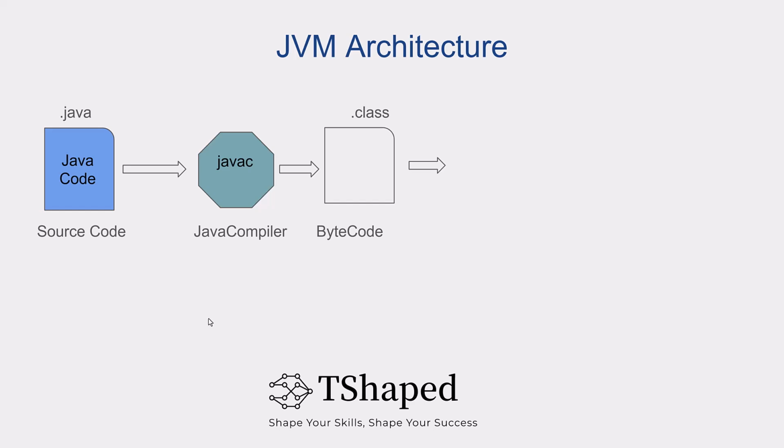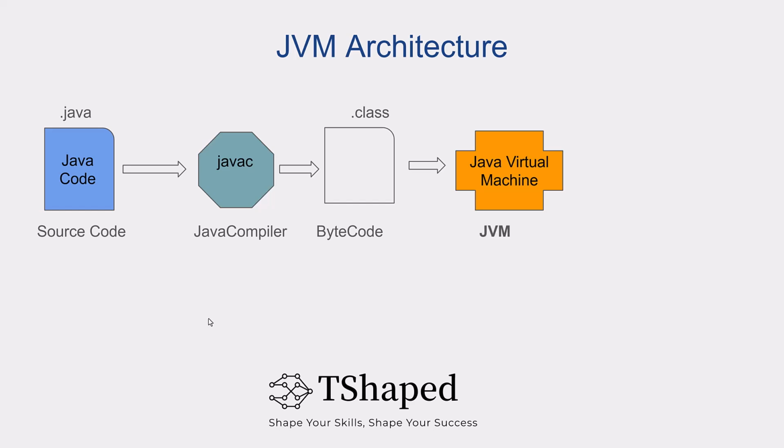Wherever bytecode is present, we call that a .class file. A .class file contains the compiled Java code, that means the bytecode. And that bytecode will be given to the JVM, which is the Java Virtual Machine.